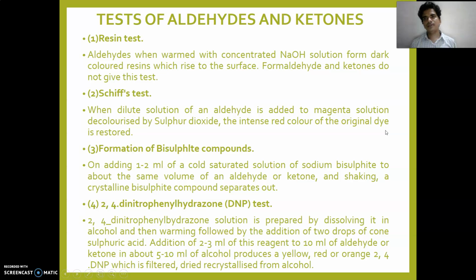Lastly, there are some reactions which give the idea of how to identify ketones and aldehydes. We have already seen what reagents we use for the identification. These are specific reactions for the identification of aldehydes. It is a qualitative test for carbonyl compounds to identify aldehydes and ketones.